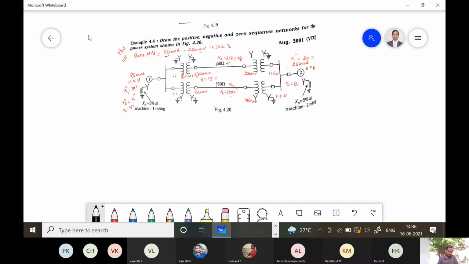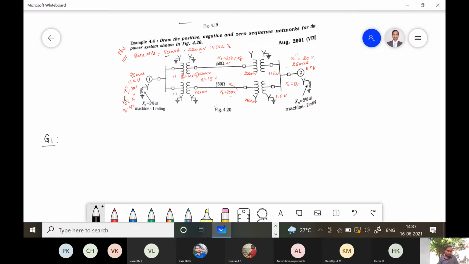Now we need to calculate the base voltage on generator 1. For generator 1, it is 11 kV, and in the secondary we have 220.